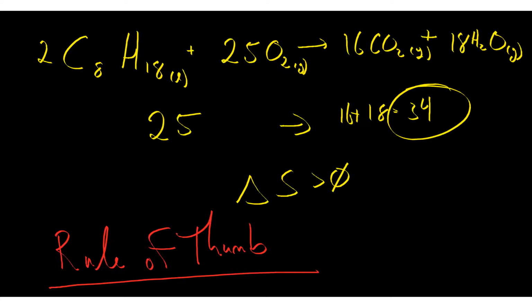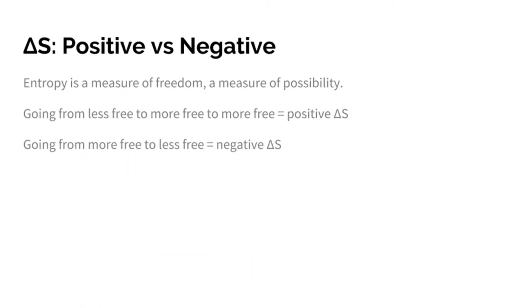And increasing freedom largely boils down to the ability to move. If you can move around, then you're looking at higher entropy. And the more you can move, the higher your entropy is going to be. But this does not give you the numbers. There is a way to calculate the entropy for different processes, and we are going to be looking at that with some examples later on in this lecture series. But for now, just a rule of thumb, more or less entropy.